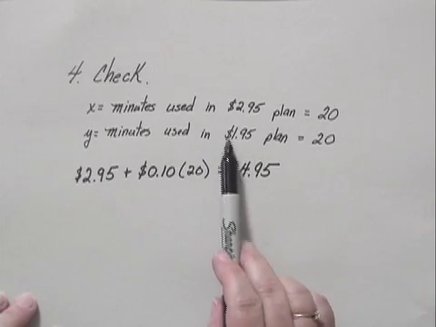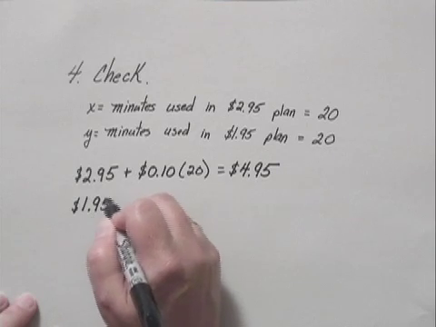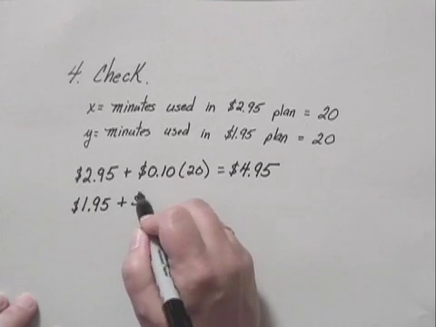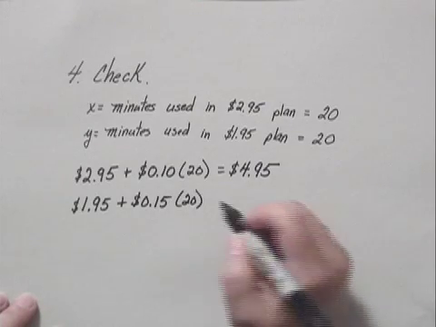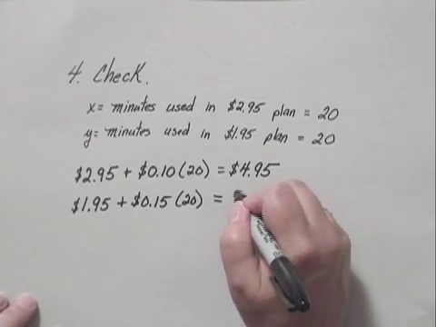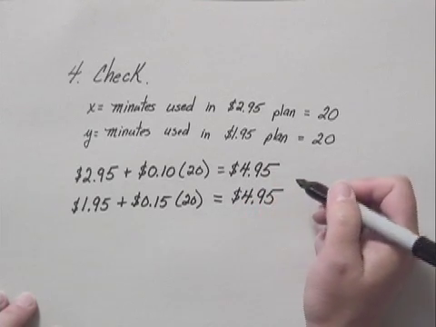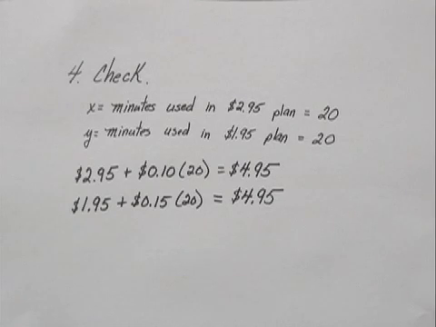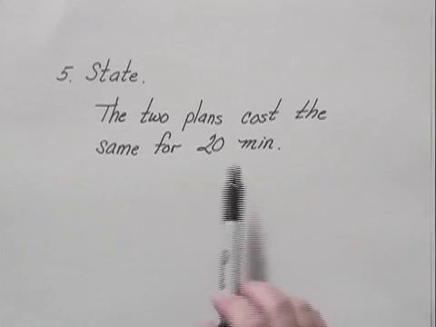For the $1.95 plan, I have $1.95 plus 15 cents a minute written in dollars times 20 minutes, and that also gives me $4.95. So my solution checks, and I can state that the two plans cost the same for 20 minutes.